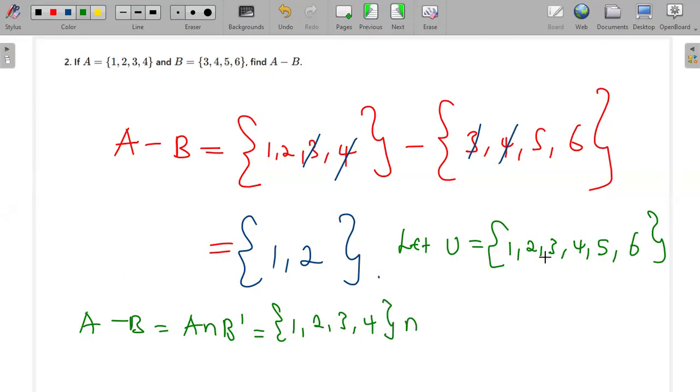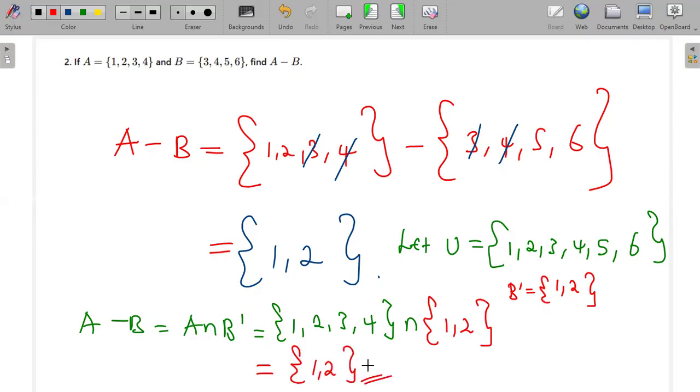Since we have set this to be our universal set, we can easily find the B complement. B complement will be equal to all the elements in this universal set that are not appearing in B. That will just be 1 and 2. So here I'll say intersection 1 and 2, and what is common between these two sets is still 1 and 2. So you use whatever method that you want there.